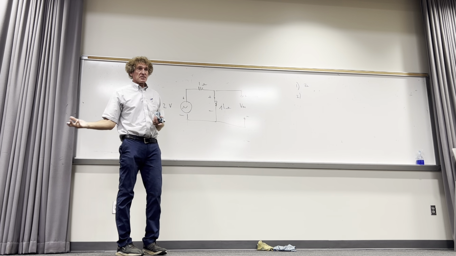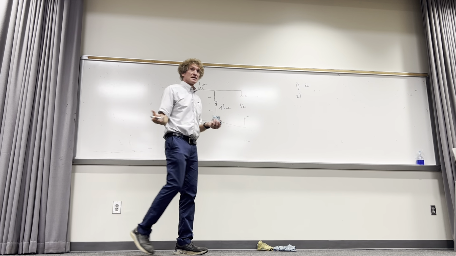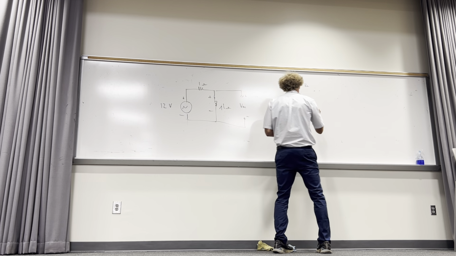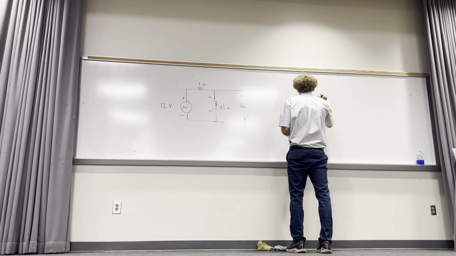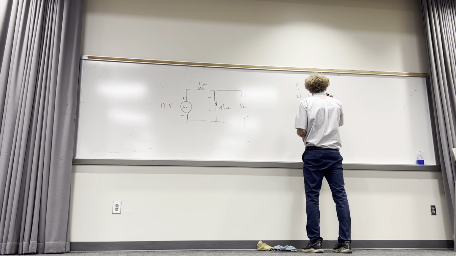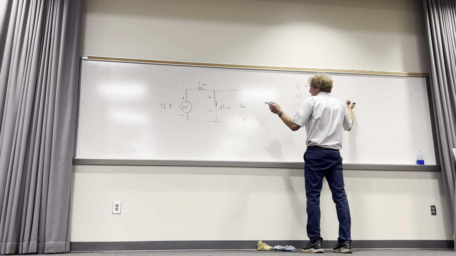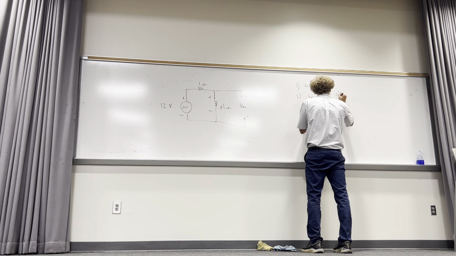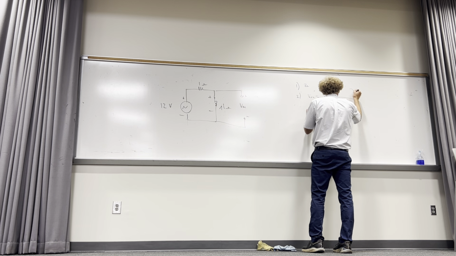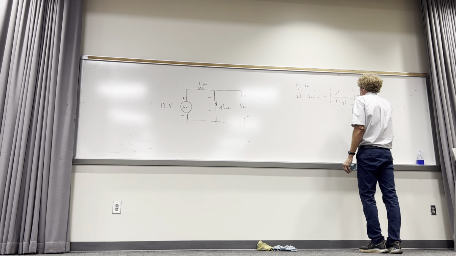Voltage division looks good to me. You agree with that, class? Yeah. So V open circuit here would be equal to 12 times J1 over 1 plus J1. And what is that going to be?